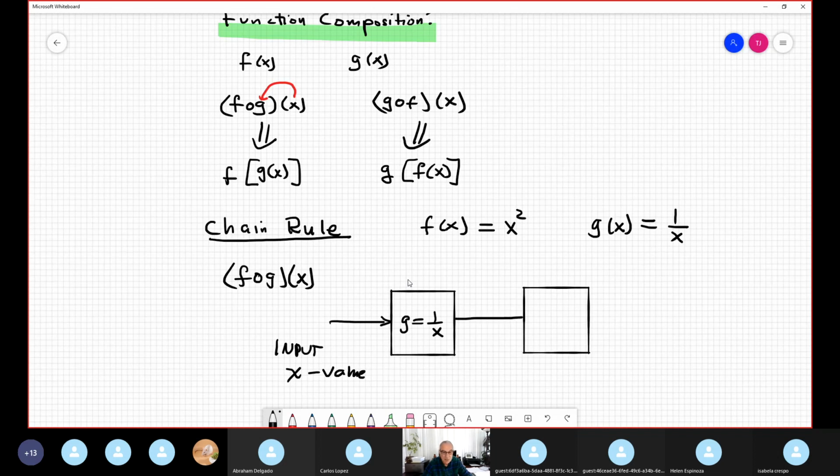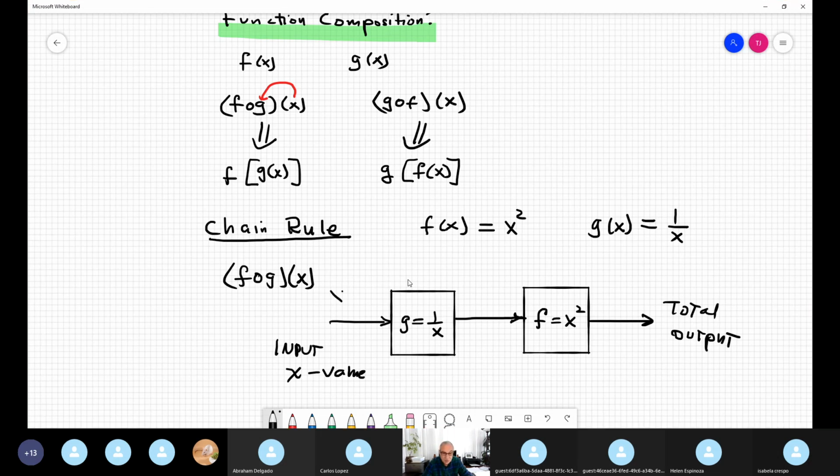And the output of this box goes inside the second function, f, the function x squared. And this is the total output, because the first one is the partial output. Hypothetically, suppose you put in one number, say 2.